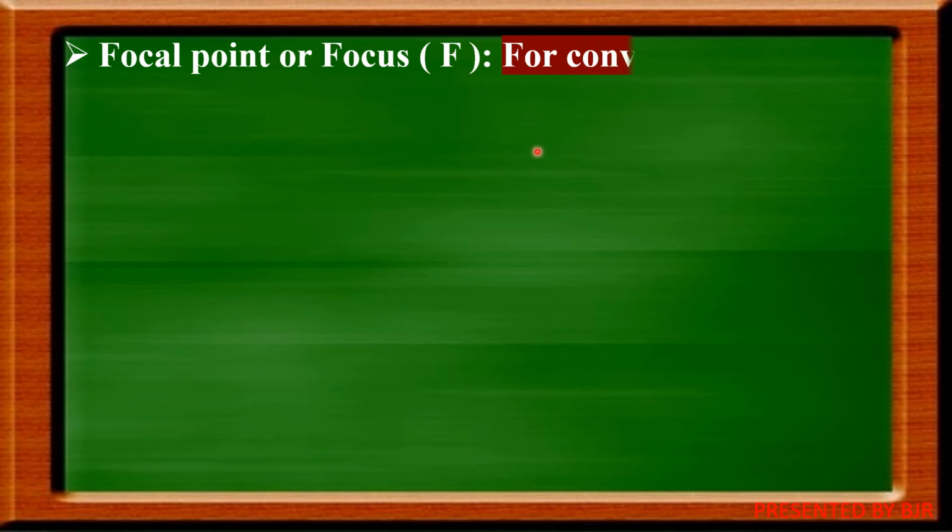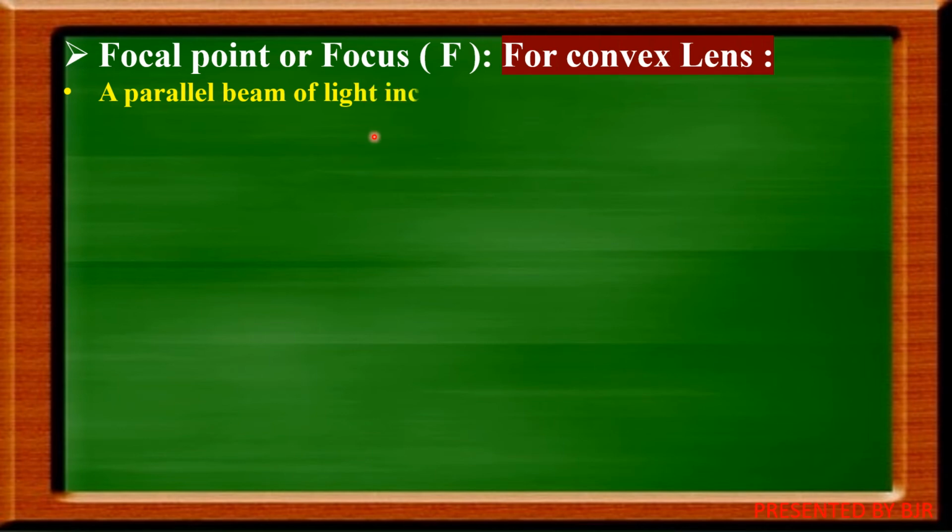Okay, and the next term related to lenses is a very important term. That is called the focal point or focus. What is the focal point? Here I am defining what the focal point is.